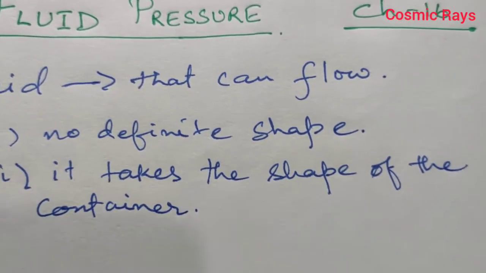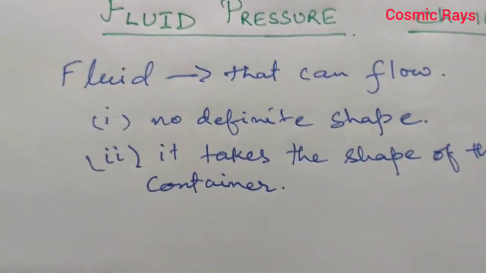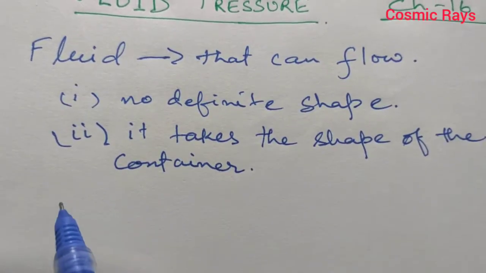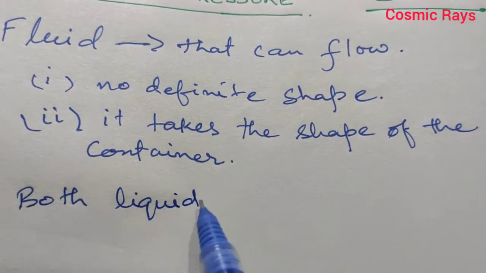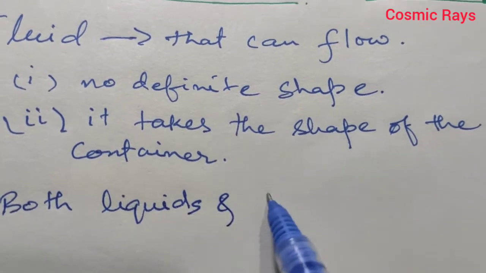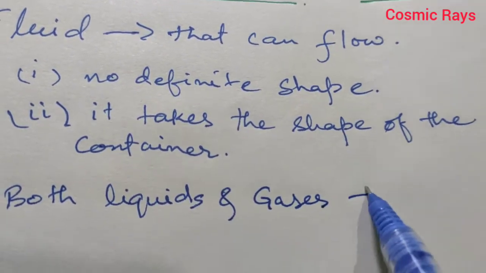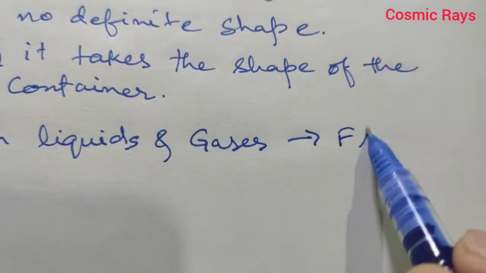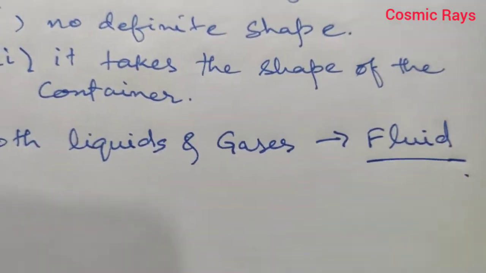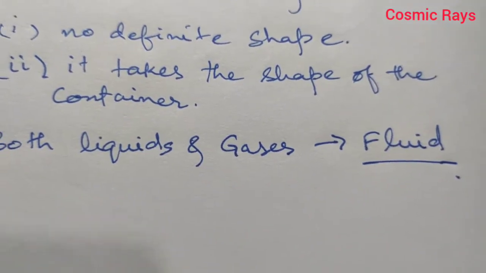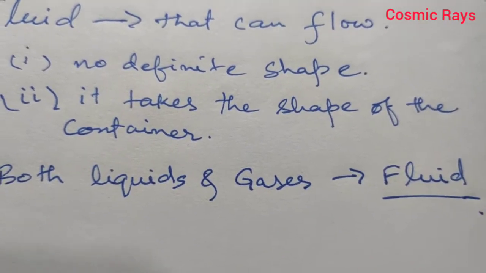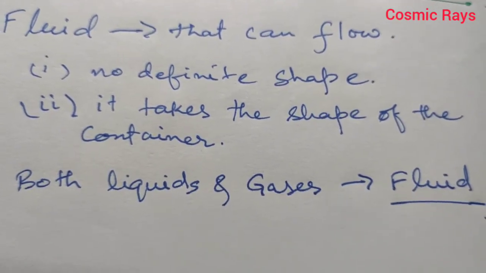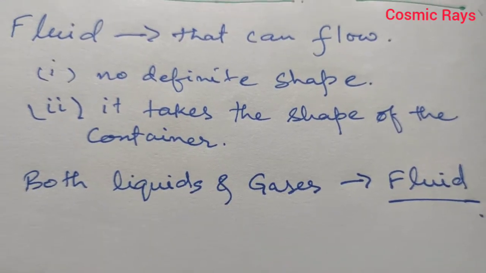Now, with this definition, what we come to know is both liquids as well as gases will be under the section fluid, or can be termed as fluid, because they fulfill these criteria.